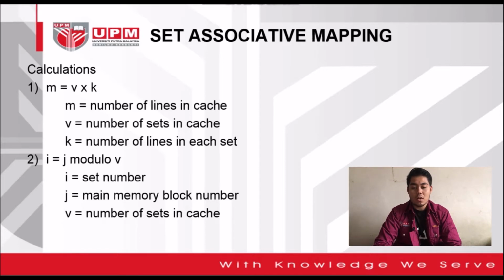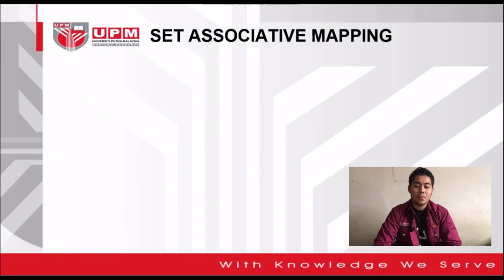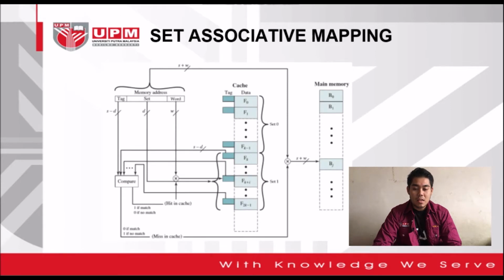Alright, I'm going to show you the set associative mapping. It is combined from the memory address. In the memory address we have the tag, set, and word. The value from the memory address is compared with the cache data, and then we check whether it is matched or not.